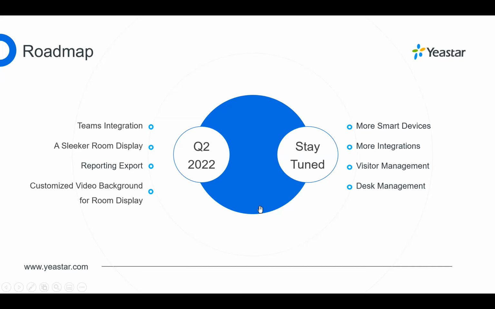So this is the roadmap of the second half of the year. As a new solution, we actually released it last year. I believe that you guys must have a lot of expectations about this product as we do. And this is the roadmap, as you guys can see. This is pretty accurate, pretty fulfilled.